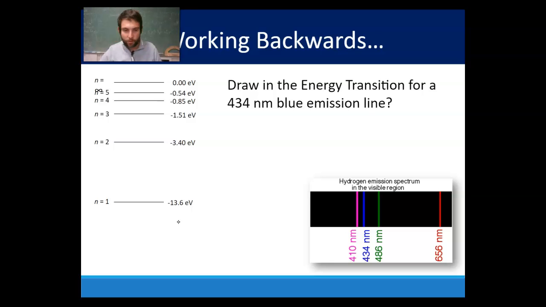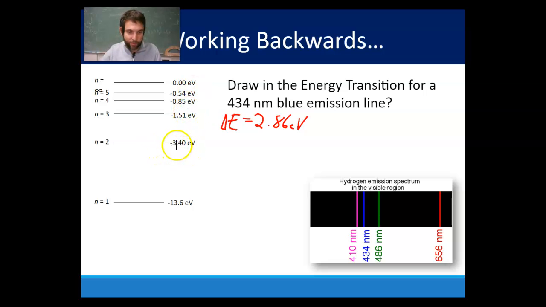Let's hop to it. We know the E equals 2.86 electron volts, right? And remember, this E is not E. It's really that change in E. So all we have to do, where are we seeing a change in energy of 2.86 electron volts? You're just going to subtract these.